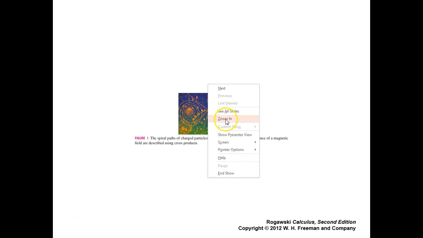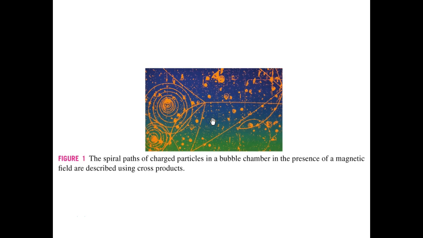Don't know if any of you in either your study of physics or somewhere else have dealt with a bubble chamber. What a bubble chamber is, you have highly charged particles fired into a chamber that has some fluid in it. That's a fairly stable fluid. And when the particles go through the fluid, they leave a track of bubbles behind them, sort of like the swimmer leaving bubbles behind.